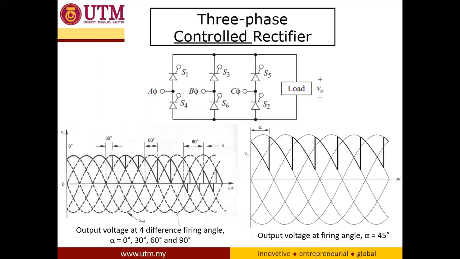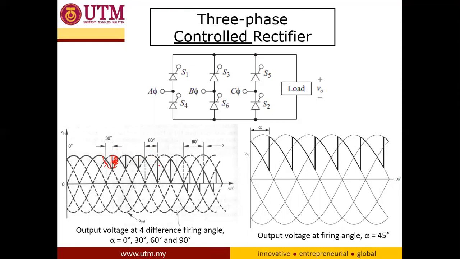And this is the three-phase controlled rectifier. We are using SCRs to control the firing angle. The objective of using a controlled rectifier is that we have variable voltage output and variable current output. As you can see here, this is the angle of 30 degrees, so you will have the output voltage like this.